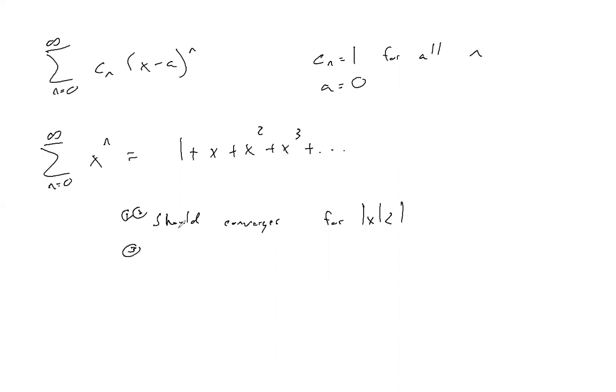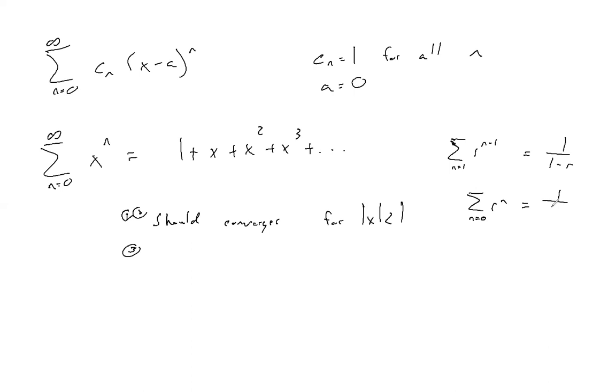What does it equal? Well, for the geometric series, I'll do this off to the side. I had a bit different form for my geometric series, right? I had r to the n minus 1, n equals 1. And when I had that form, the sum was 1 over 1 minus r. Well, it turns out that if I started at 0 and have r to the n, I can use the same formula.